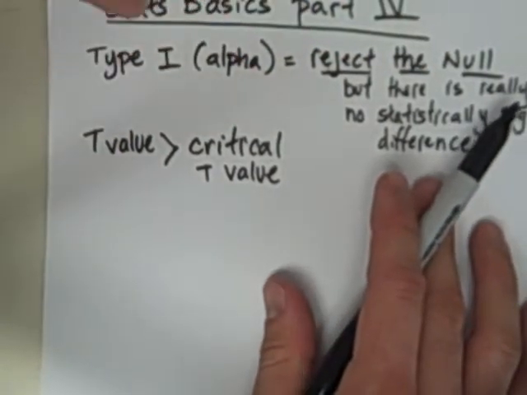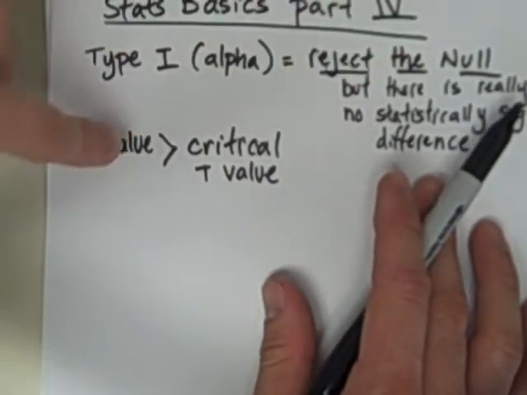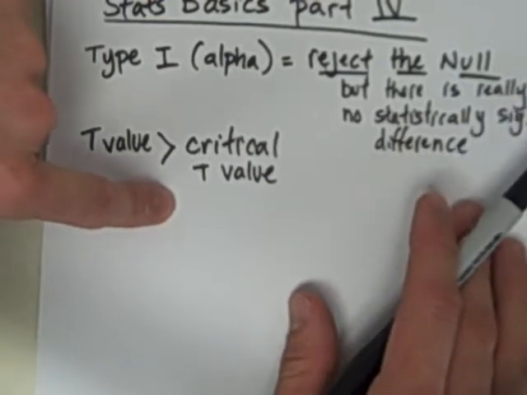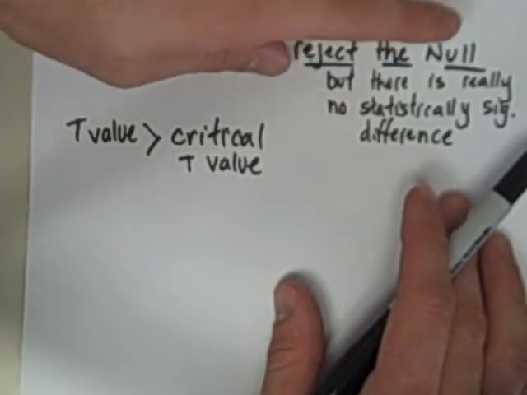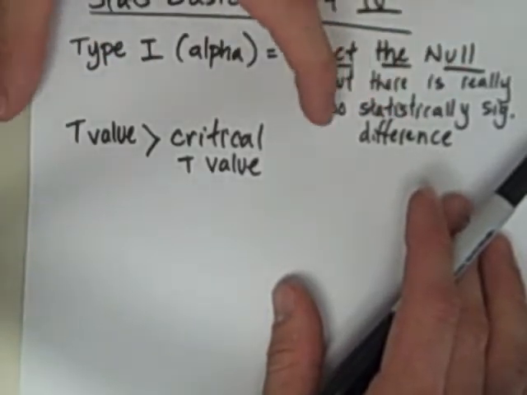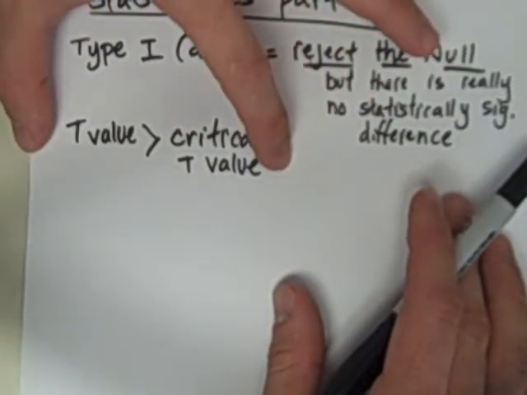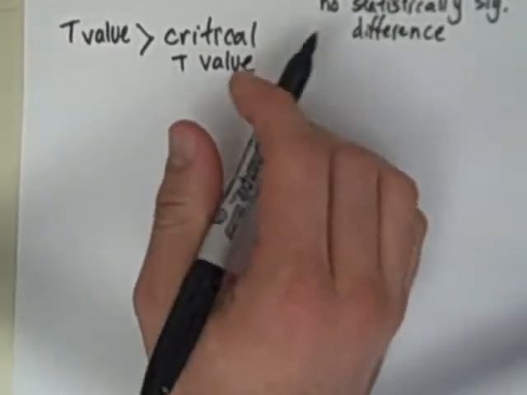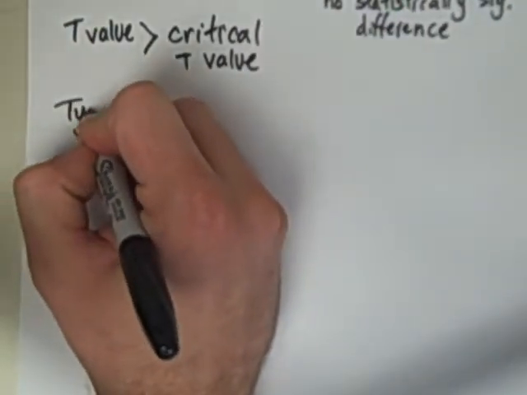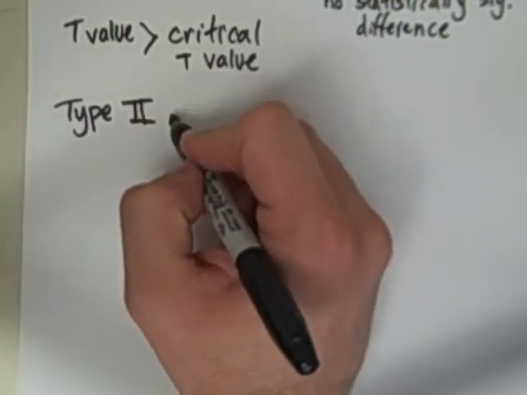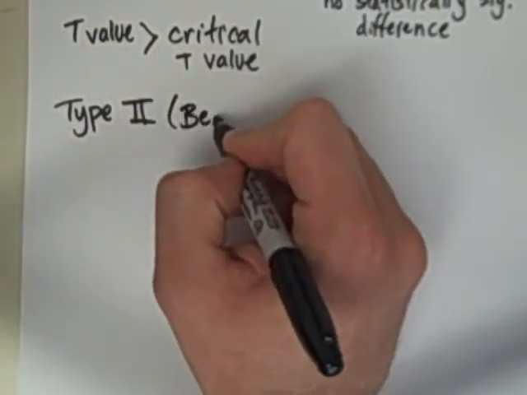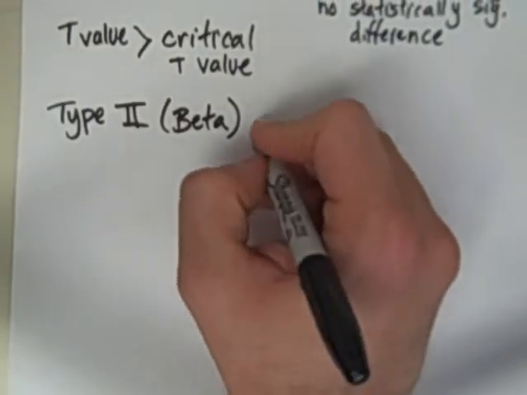So this is the error when I reject the null, like my statistics told me to do, but really there isn't a statistically significant difference. I should have accepted it, but the numbers told me otherwise. And that's real important. A type 2 error is very similar. Type 2, second number, also beta or B, so second letter here.